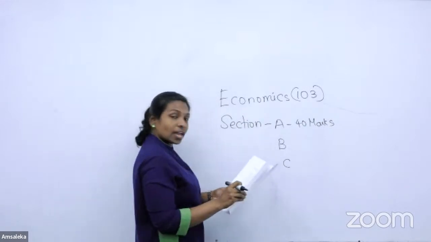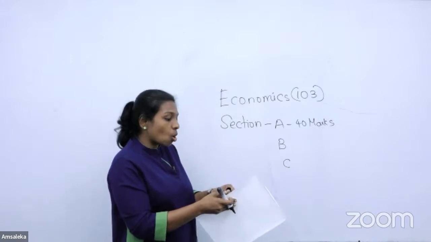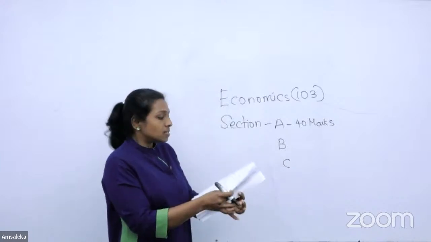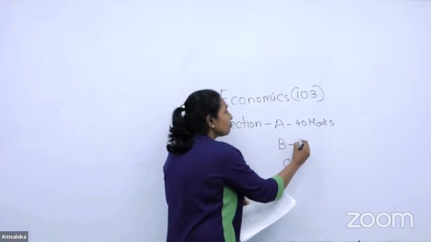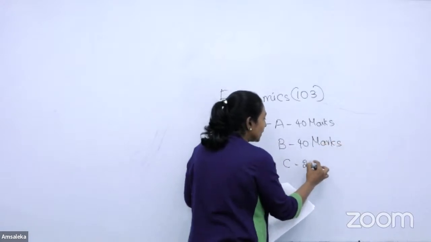The B section is also for 40 marks. And the final one, section C, is for 20 marks.